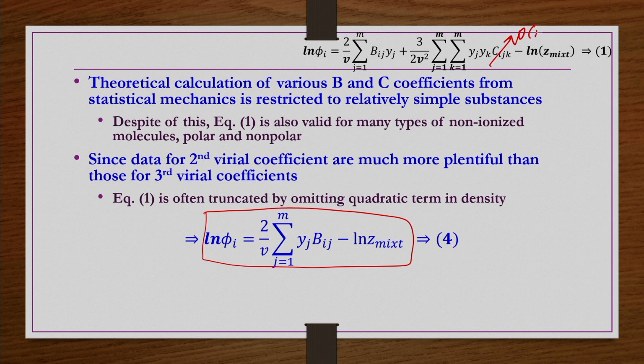It is not zero, but very small information is available. In such conditions, if you truncate and do not take the third virial coefficient in the virial equation of state, then you get this expression.